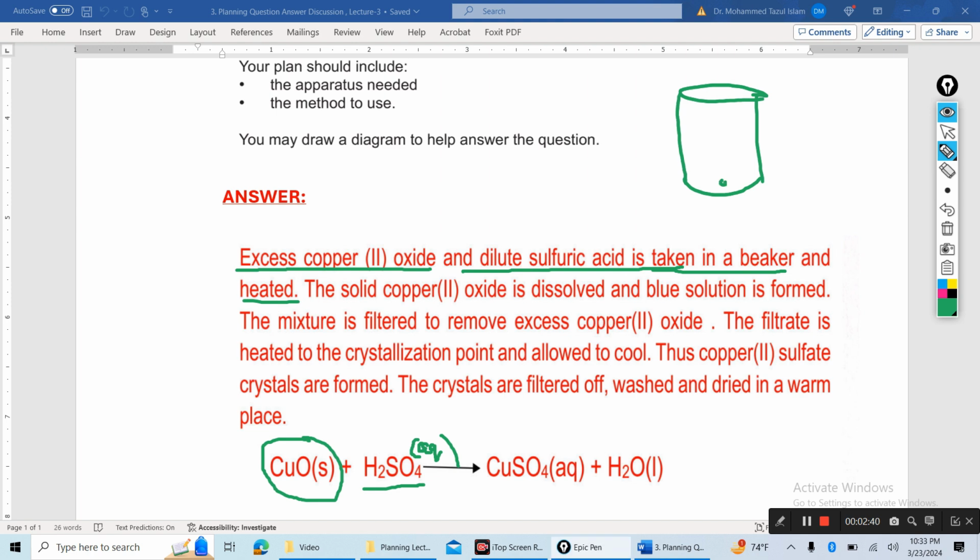Here, excess copper 2 oxide plus sulfuric acid, then you give heat.